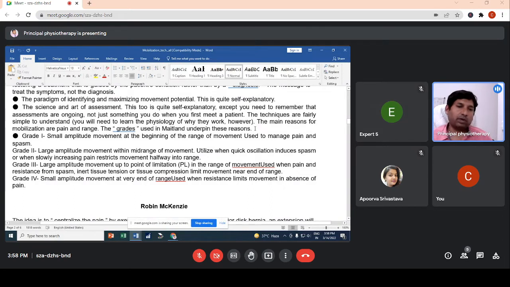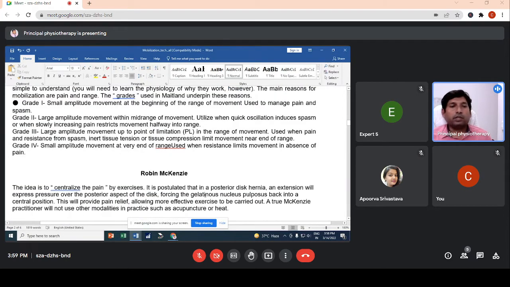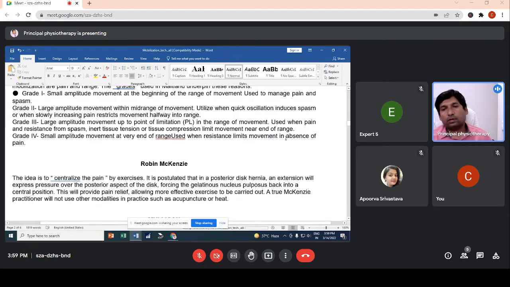Maitland has 4 grades: grade 1, grade 2, grade 3, and grade 4. Grade 1 and grade 2 we basically provide for the management of pain and spasm. Grade 3 and grade 4 are used for achieving range of motion.